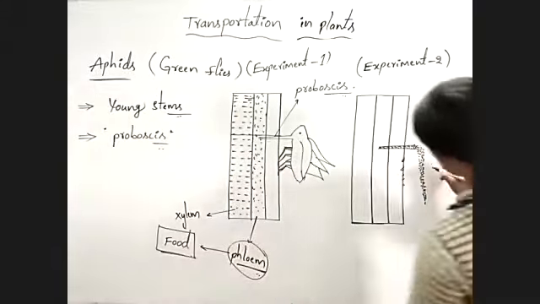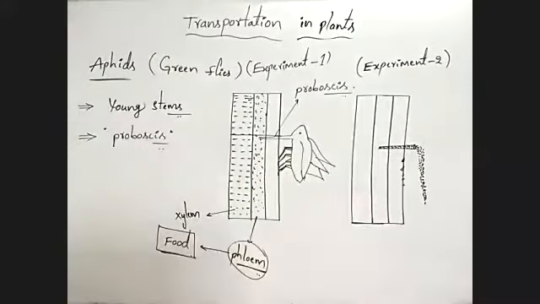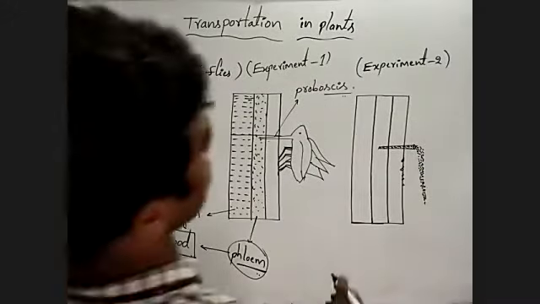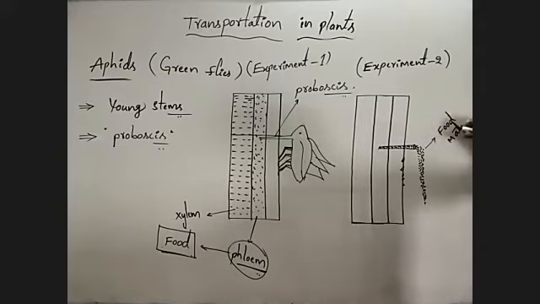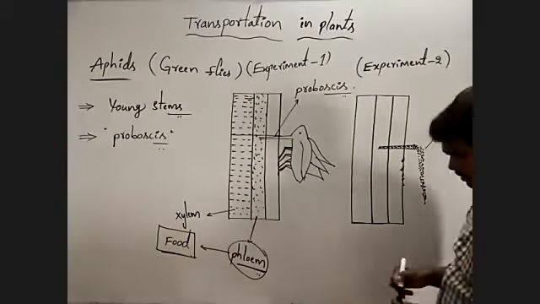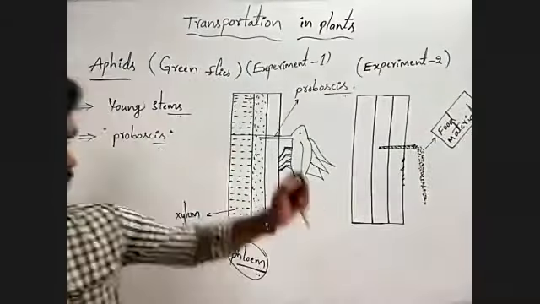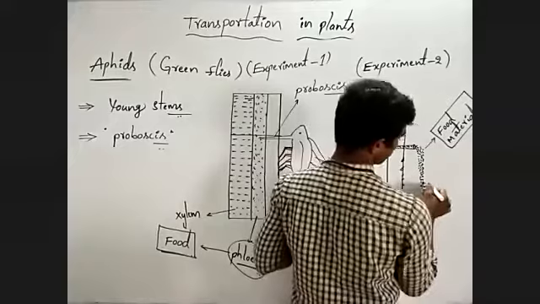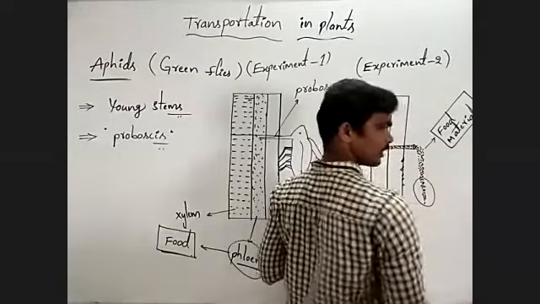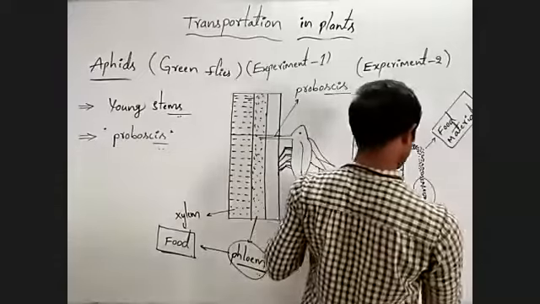Observe carefully here. This is the phloem sap, or food material. Then they analyzed this food material.